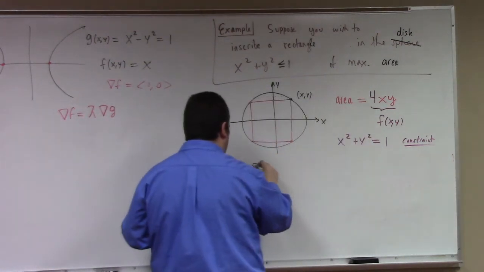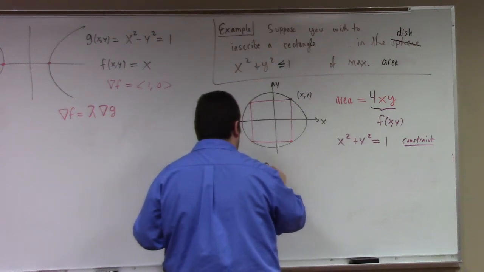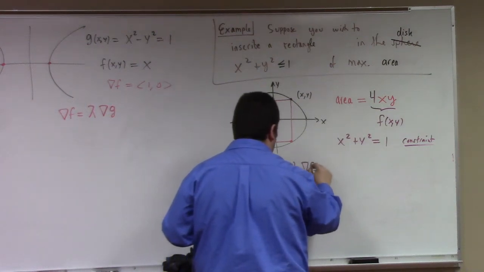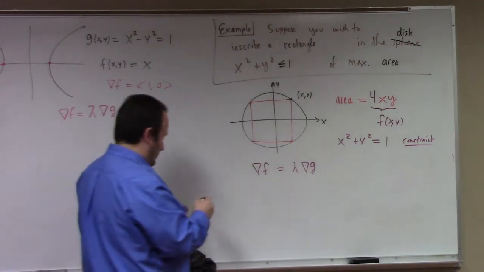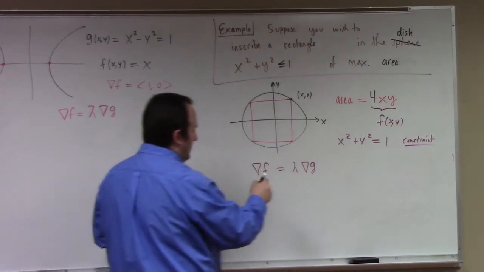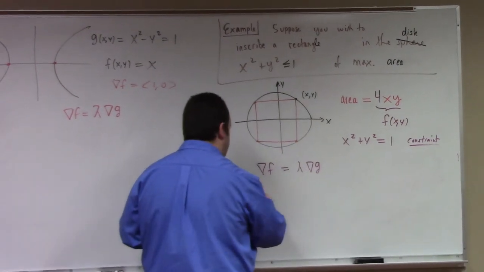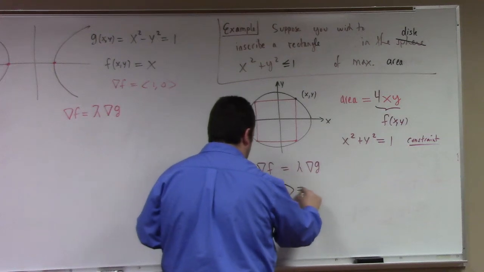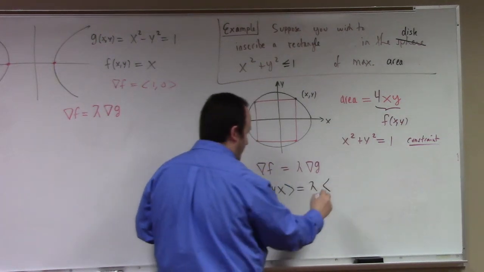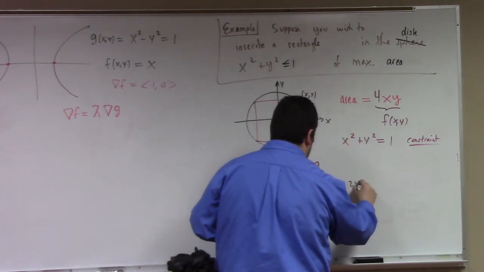Great. So nabla f equals lambda times nabla g. What does that give us? Our objective function gives us 4y, 4x, equal to lambda times 2x, 2y.